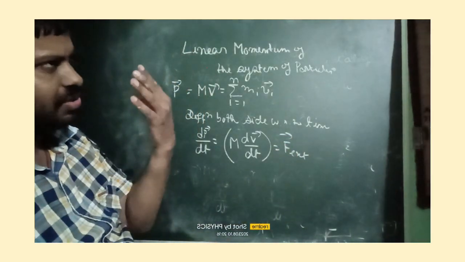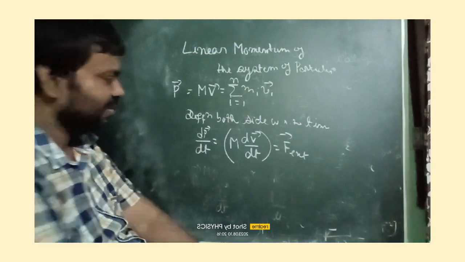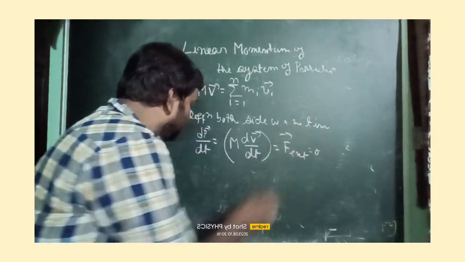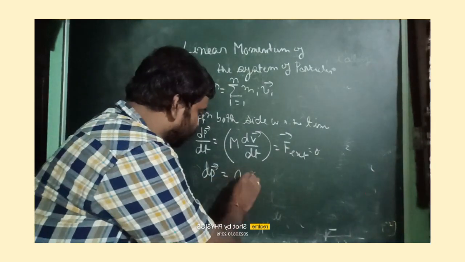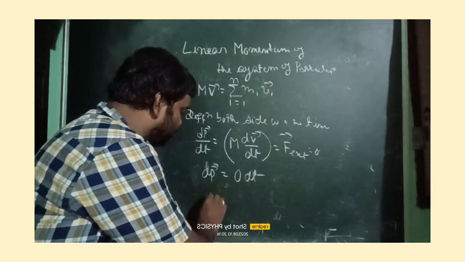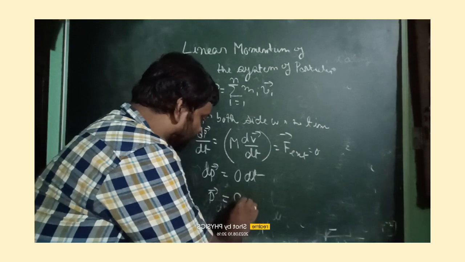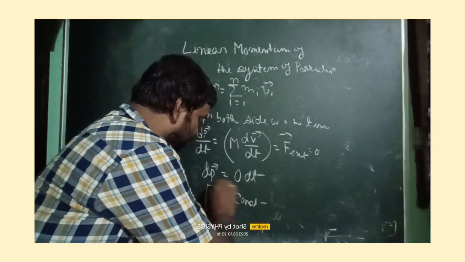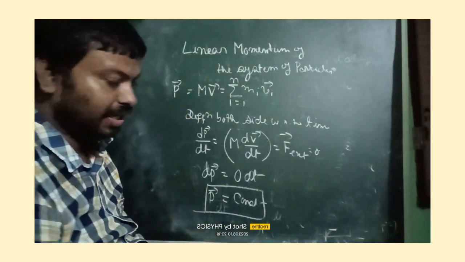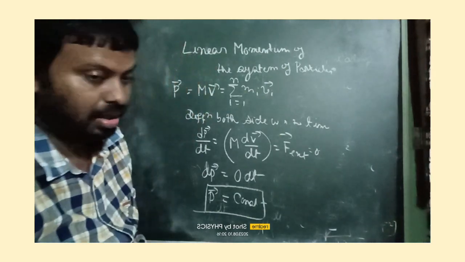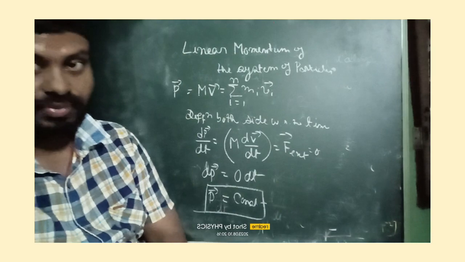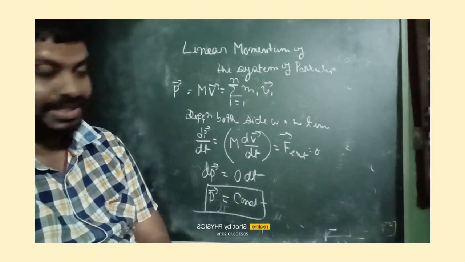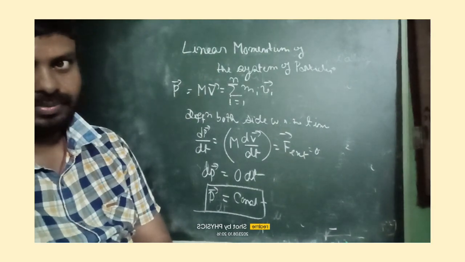If the external force is equal to 0, then we have dp vector equals 0 into dt. Now integrating both sides, p vector is a constant. So the linear momentum of the center of mass is constant whenever the external force on the center of mass is zero.